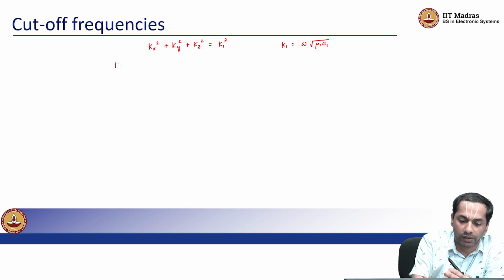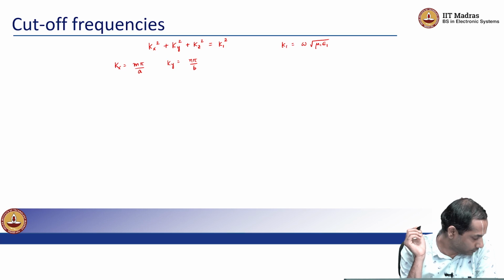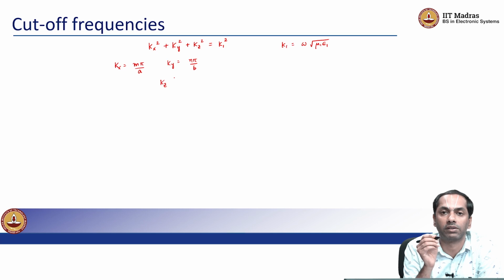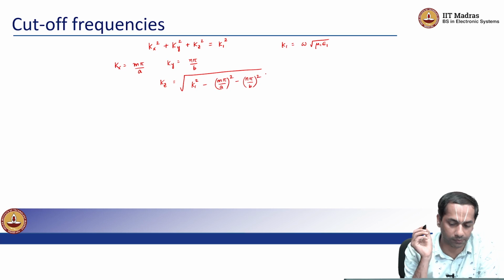So we said that kx is equal to m pi by a and ky was n pi by b, right. So we can say that kz, which is the phase constant for a given mode mn, is given by square root of k1 squared minus m pi by a whole square minus n pi by b the whole square.